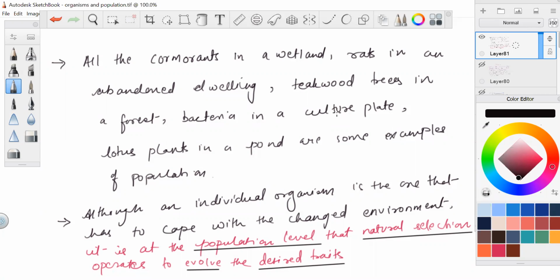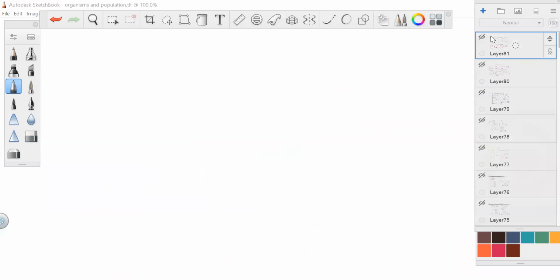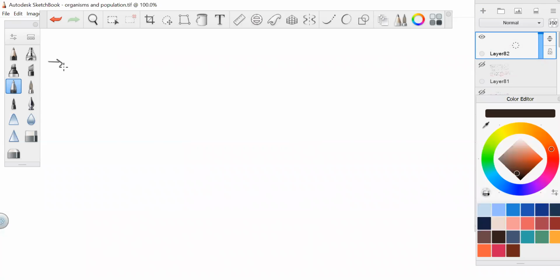Done, all of you? Still writing or shall I continue? Okay. So another point you will write: why population ecology becomes important.